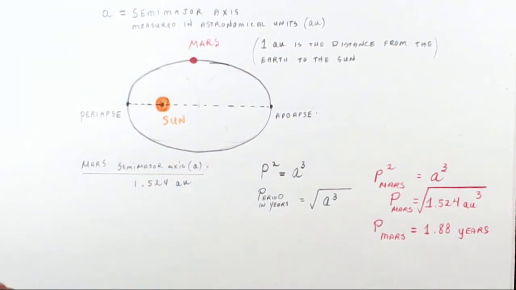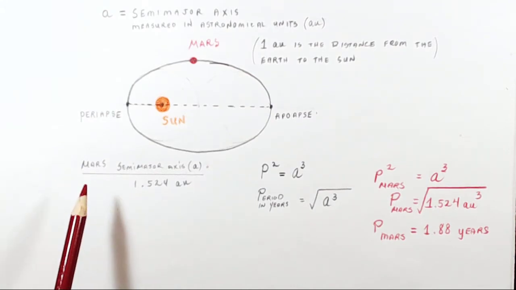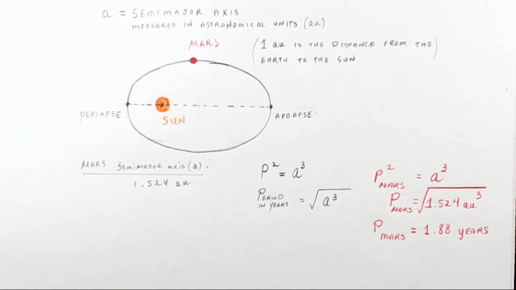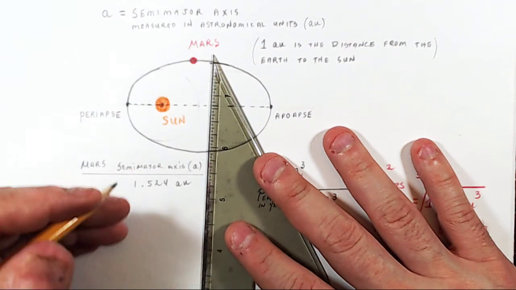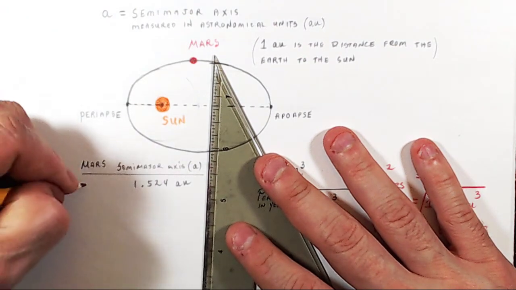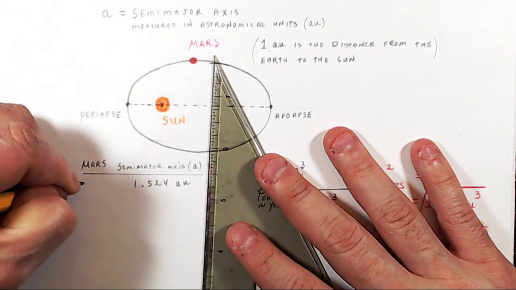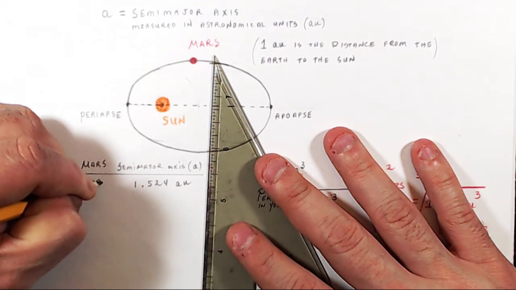Well, that makes sense because Mars is farther away from the Sun. So we would assume that its orbit would take longer. So what we'll put in our table over here, suppose I should have put Mars right here in our table.